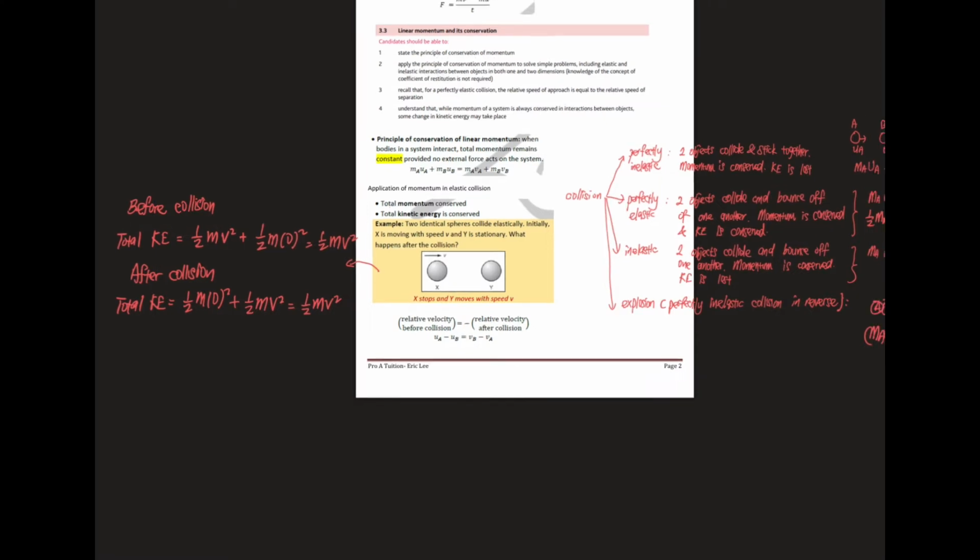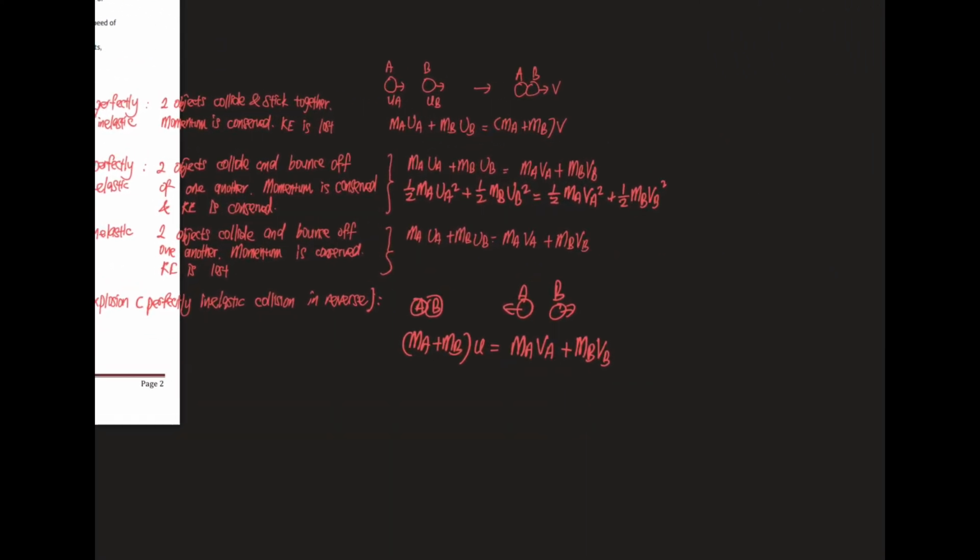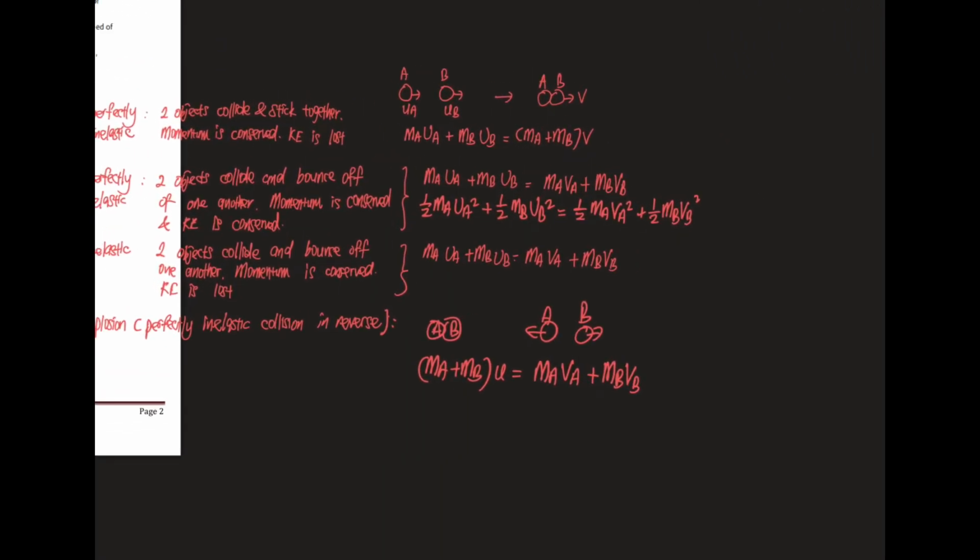So as you can see here, for perfectly elastic collisions, we are having two formulas already: the conservation of momentum and the conservation of kinetic energy. Now we have the third one, which is UA minus UB equal to VB minus VA. Okay, so that is the third formula, which is for perfectly elastic collisions.